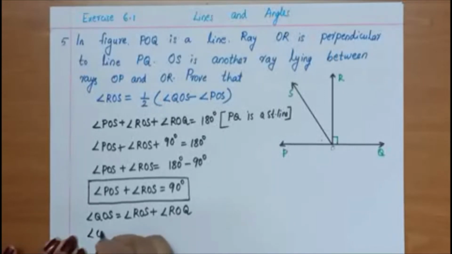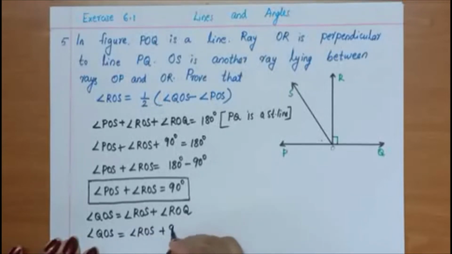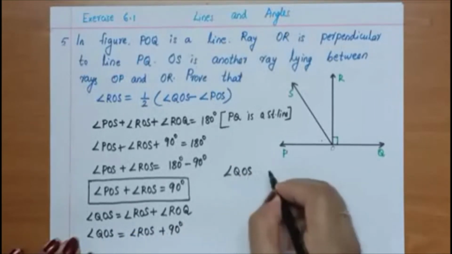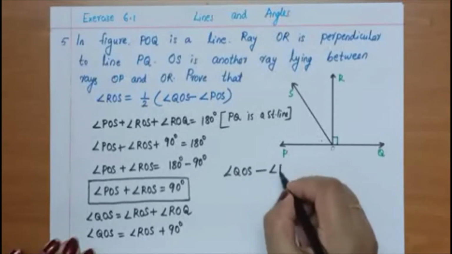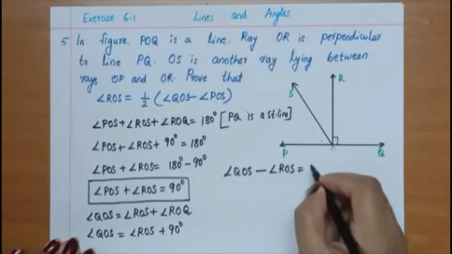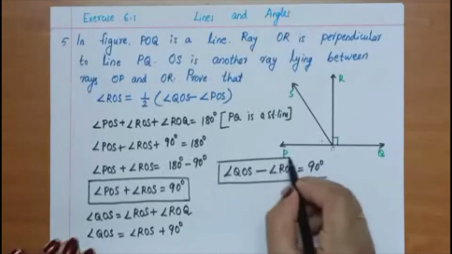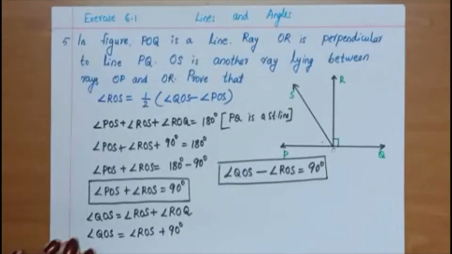So angle QOS equals angle ROS plus 90 degrees. Then I take ROS to the left side, so angle QOS minus angle ROS equals 90 degrees. This is another equation we need.